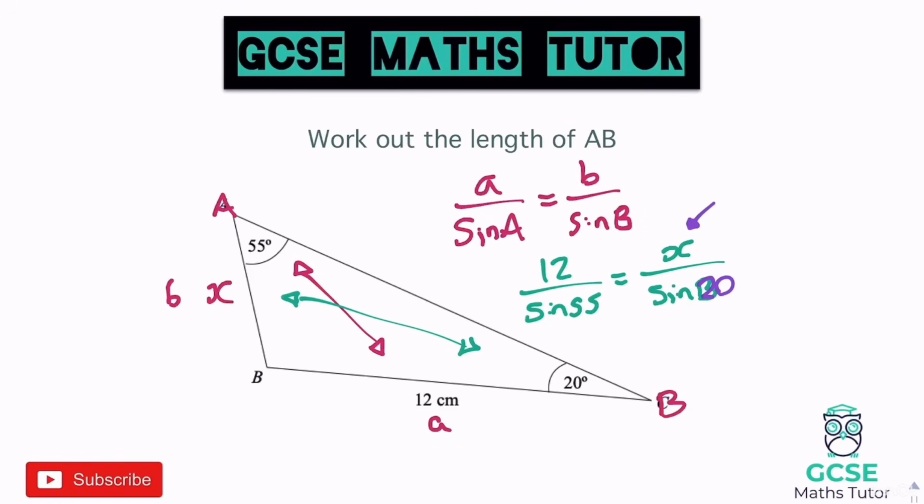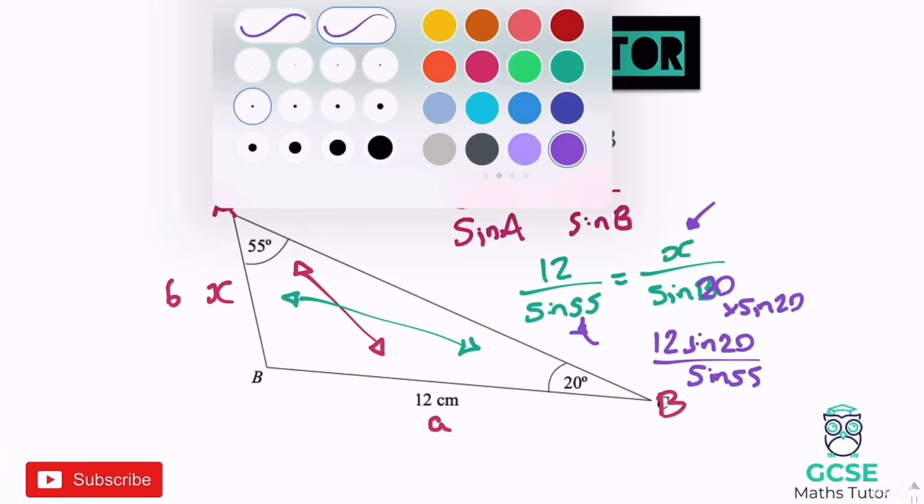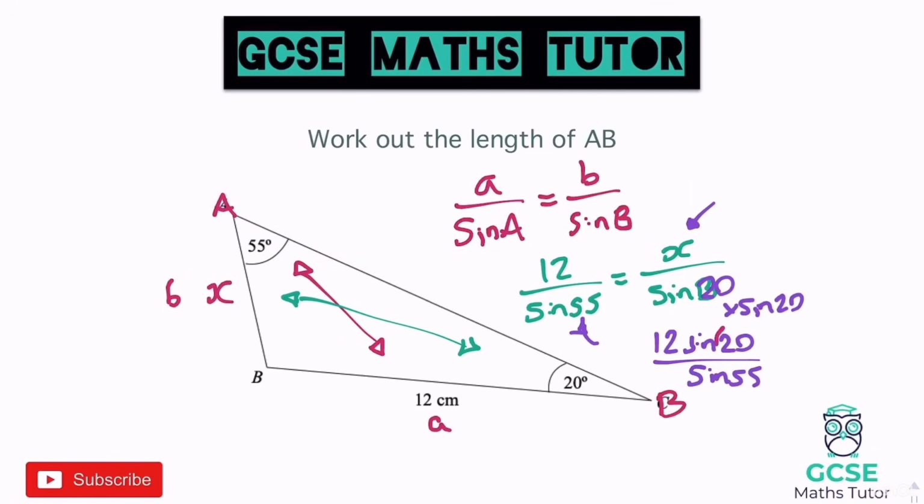So all we need to do is times both sides now by sine 20. What you could do is work this out on your calculator and times your answer by sine 20, but I'm going to multiply it straight over so I can type it all in one go. So times by sine 20. And if we do that, we get 12 sine 20 on the top, over sine 55. There we go. And all we have to do is type that into your calculator, just being careful that you put these angles in brackets.